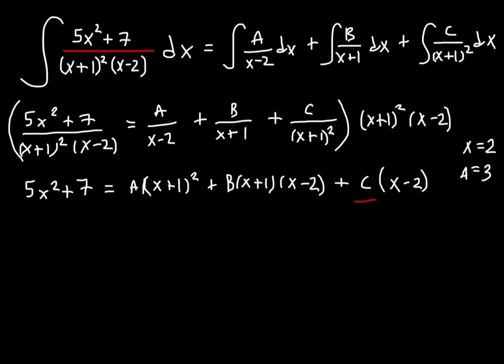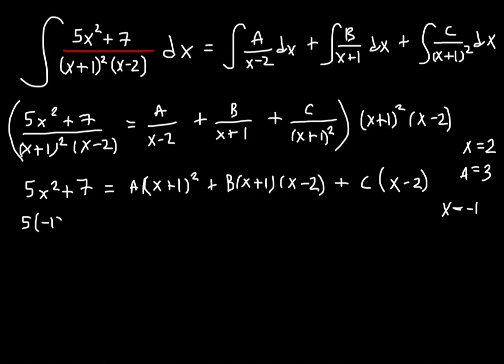Now let's solve for c, because I think I can make b and a equal to 0. So I'm going to replace x with negative 1 because it makes a and b 0.